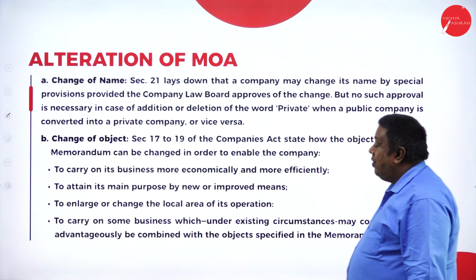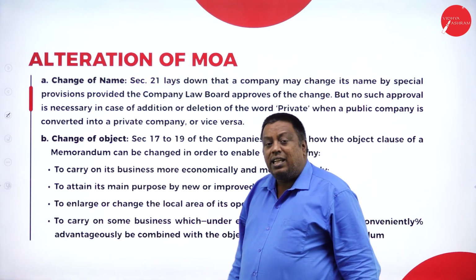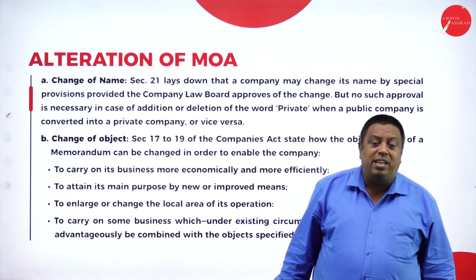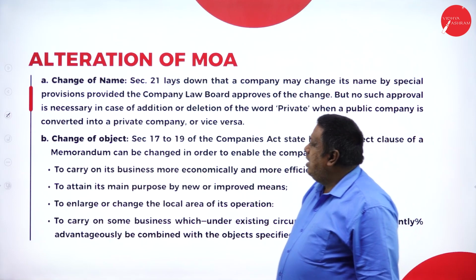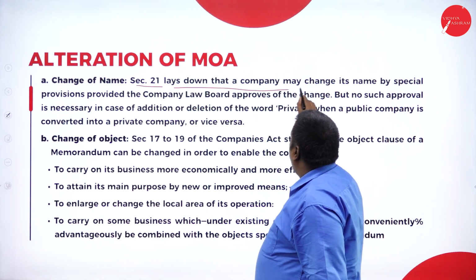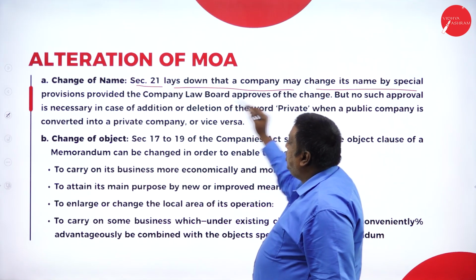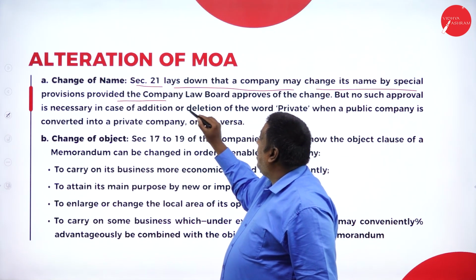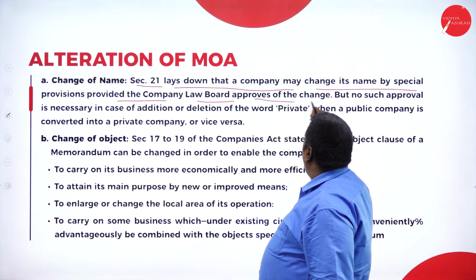In this one, the first clause is the name clause. If I want to change the name of the company, section 21 lays down that a company may change its name by special resolution, provided the Company Law Board approves the change.